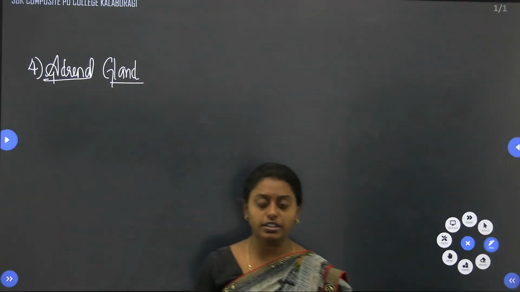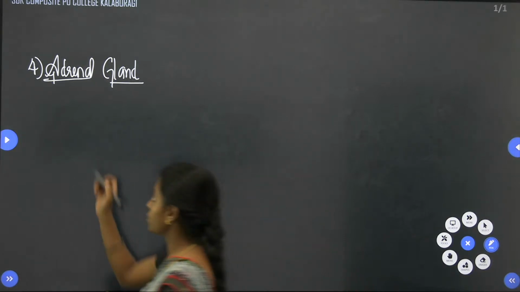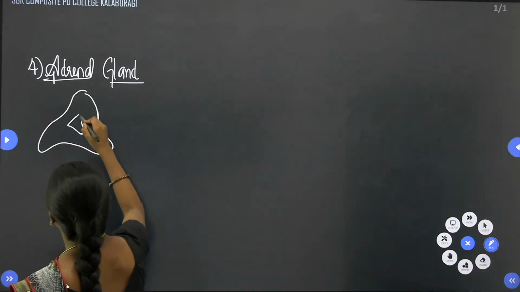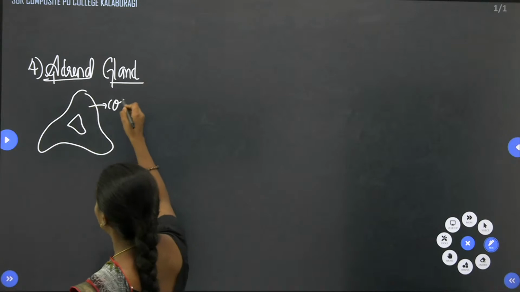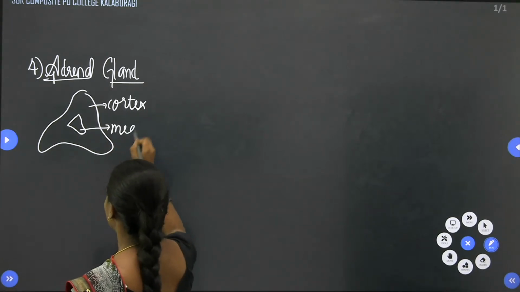Adrenal gland is divided into two different regions, the outer region called the cortex, and the inner region called the medulla.